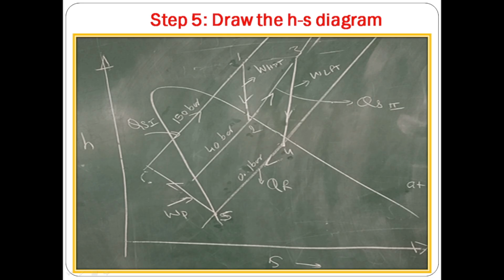And we observe from the HS diagram that we have two types of heat addition. 6 to 1 we will call heat addition 1 in the boiler, and one more heat addition we can find from 2 to 3, that is in the reheating.